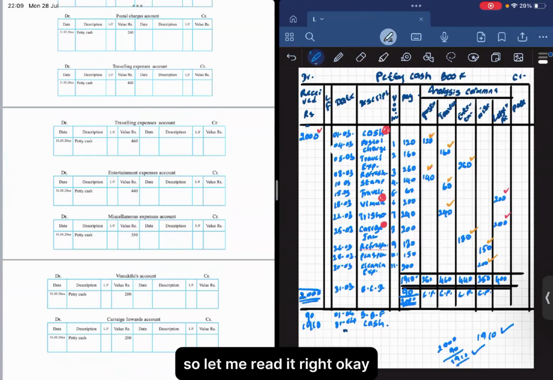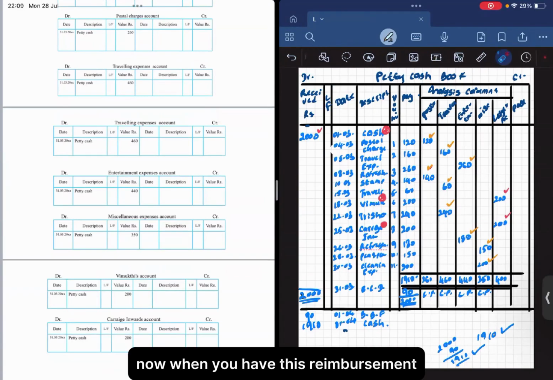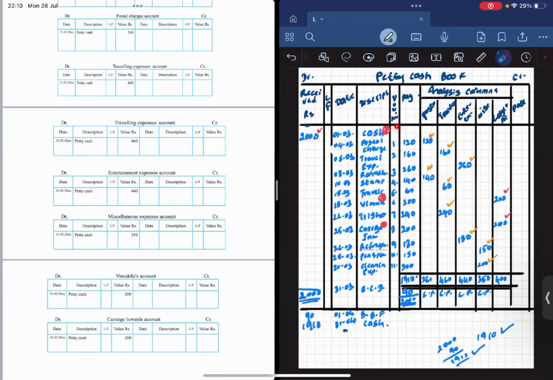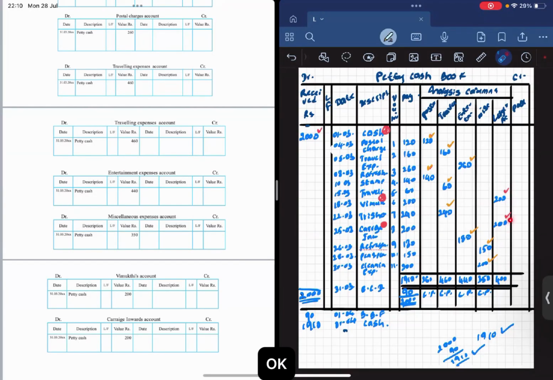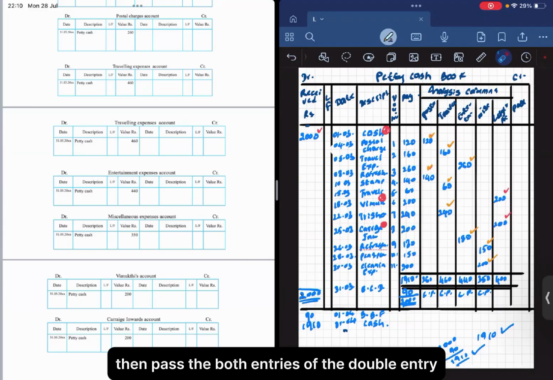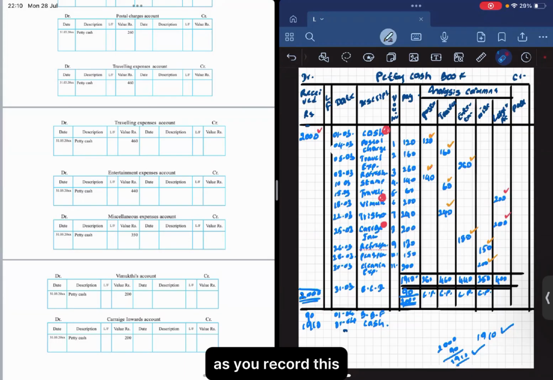So let me reiterate. When you have this reimbursement, and if there is any transaction that is being posted to a ledger, then pass both entries of the double entry as you record this.